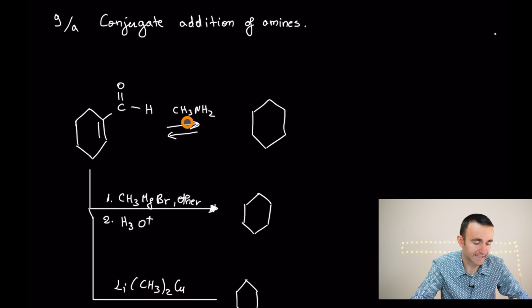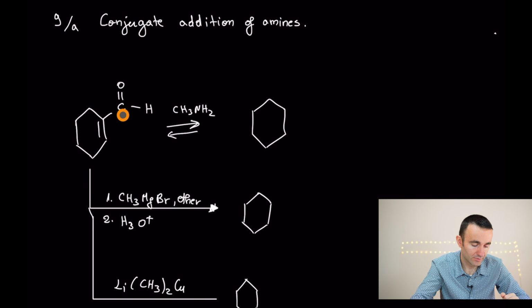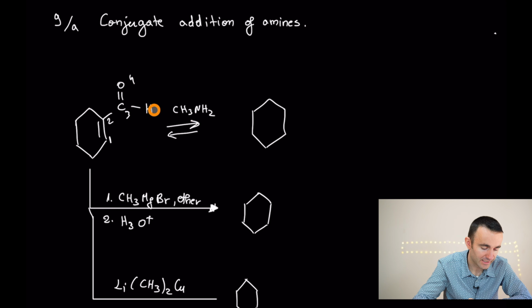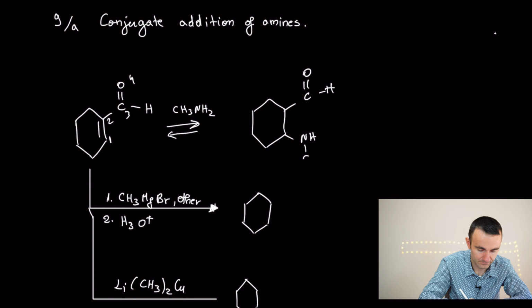Let's see it in action. Conjugate addition of amines. In this case, you have a conjugate 1,4 addition. Why? Because 1, 2, 3, 4. So the amine, instead of attacking here, is going to attack here, right? So this remains untouched, and here you're going to have the formation of the amine, right?